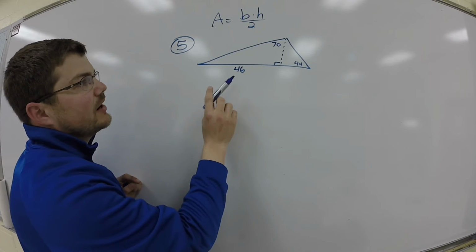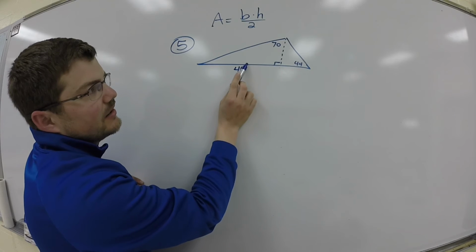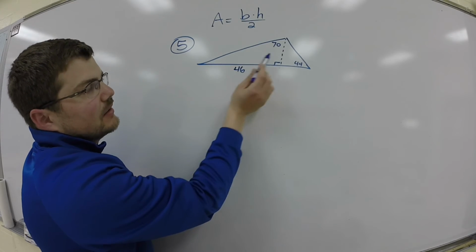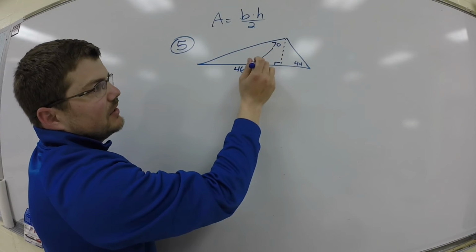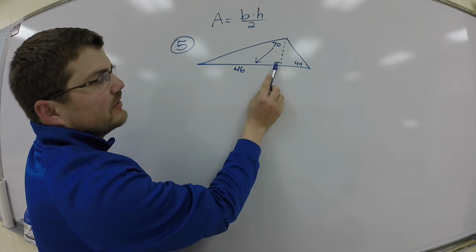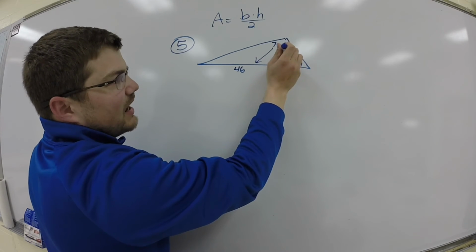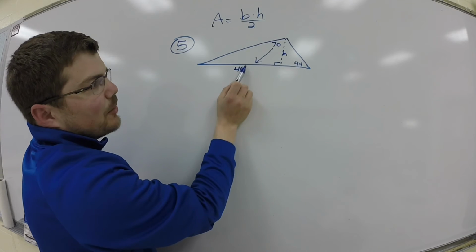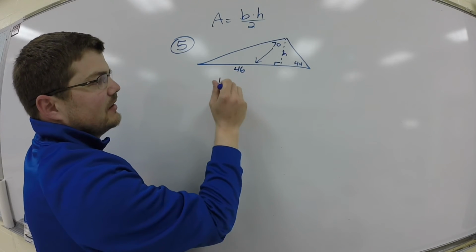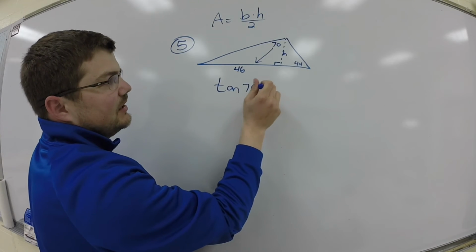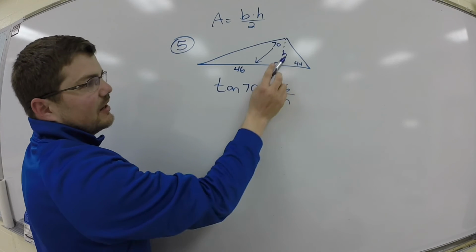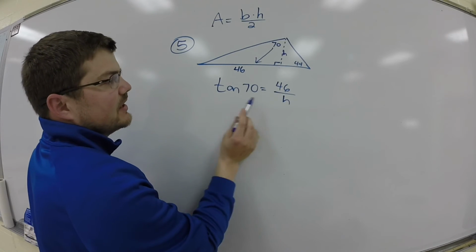Okay, so let's start out. We can either use 70 for theta, or we could use this little angle, which is 20. So I'll just use 70. And if I use 70 for theta, my opposite side's 46, and I'm finding my height. So we've got opposite, and I'm finding the adjacent side, so that's tangent. So we're going to do tan 70 equals 46 over my adjacent side, which is my height, h.